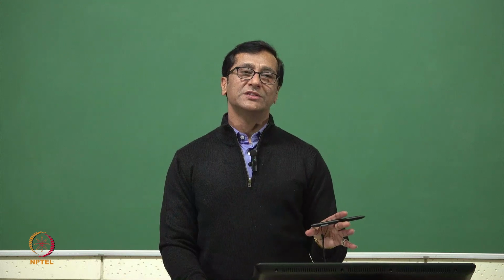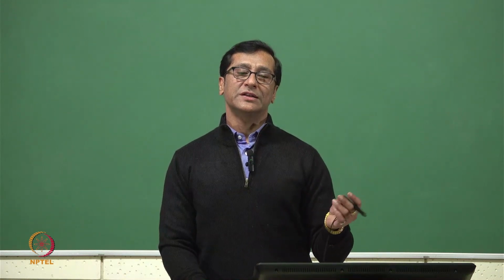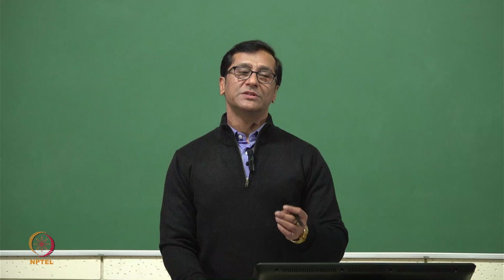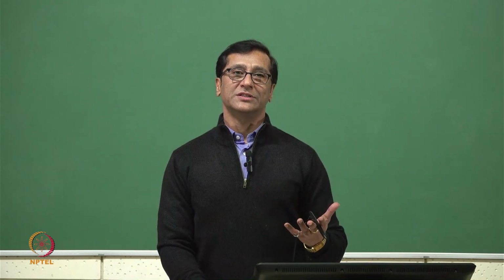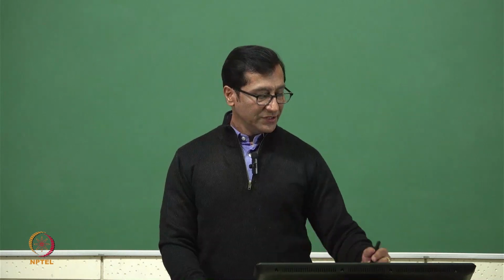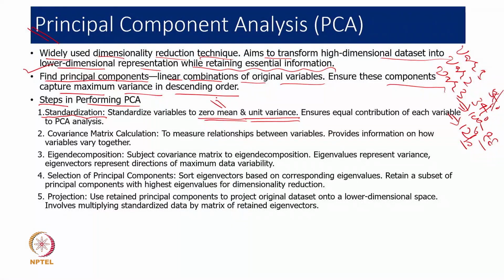Now we know everything is different. Rotational speed in RPM, velocity in meters per second, and load in Newtons cannot be connected easily, so we need everything converted to zero mean and unit variance. Then only does standardization come. It ensures equal contribution of each variable to the PCA.